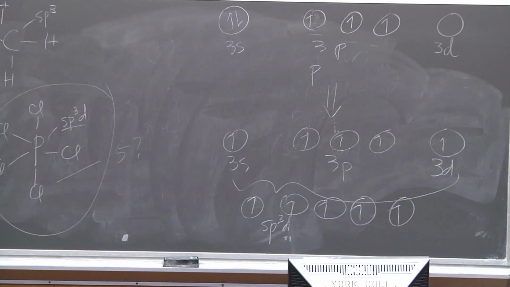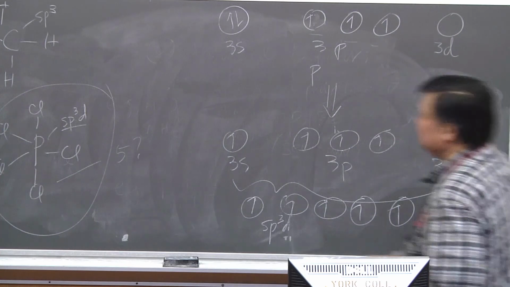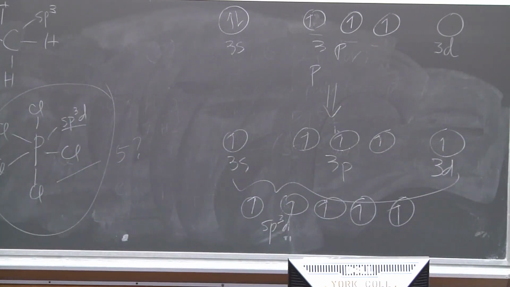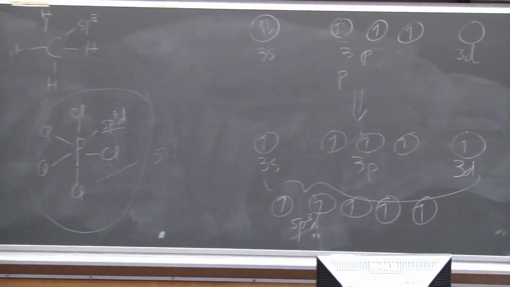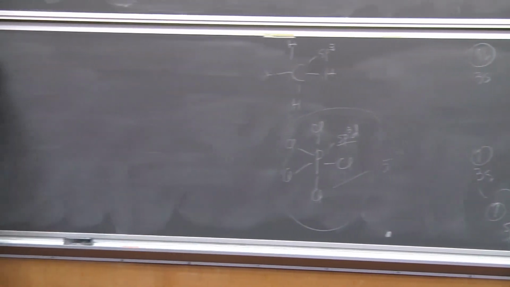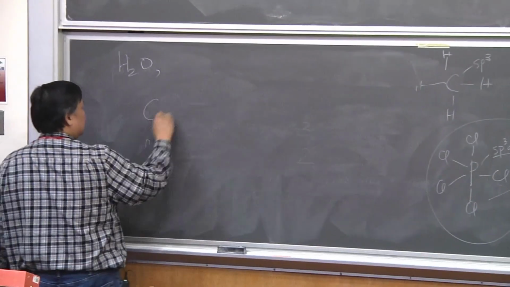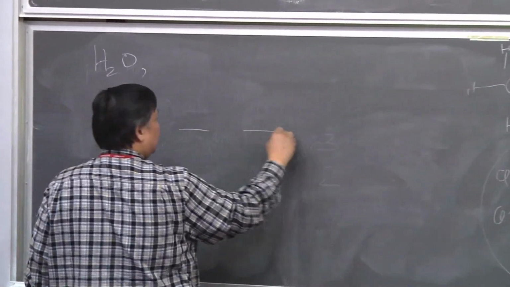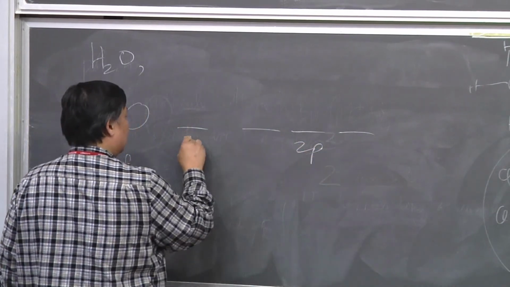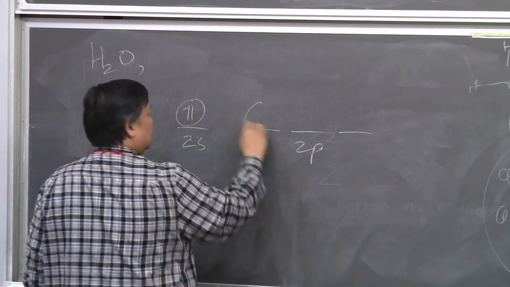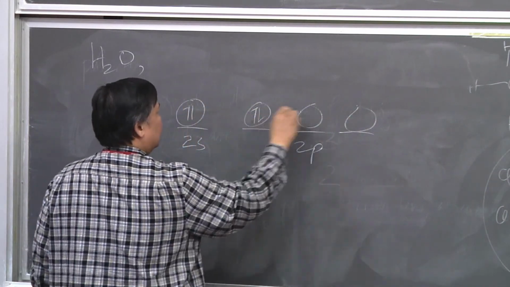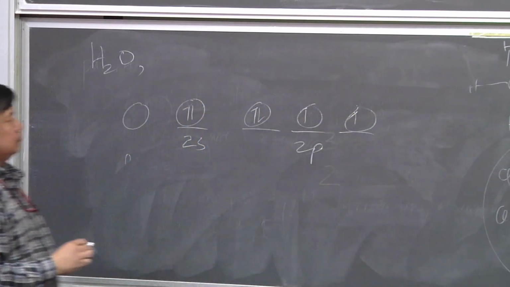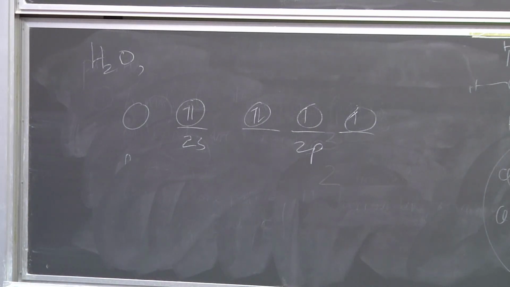Well, I think I need to give an example with the lone pair. One more example, short one, water. So for water, how many lone pairs do I have? 2, right?